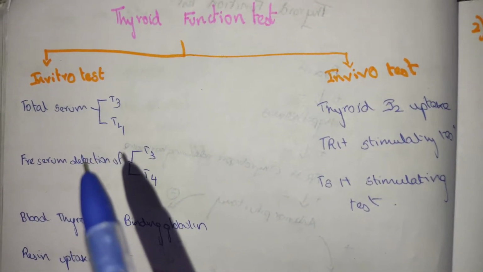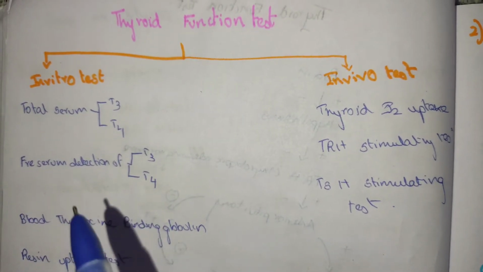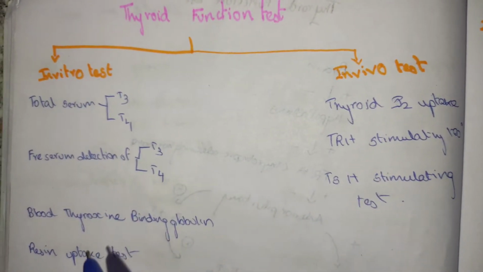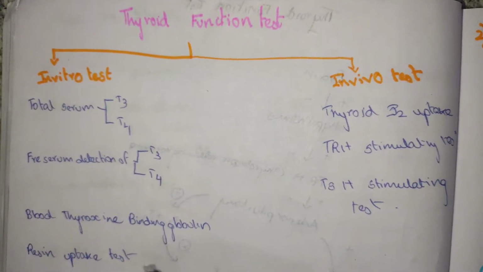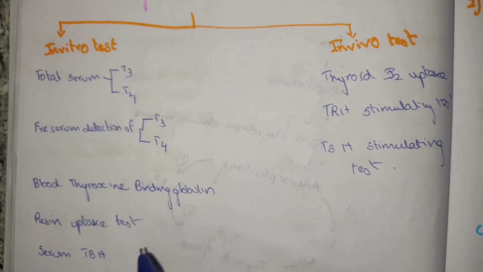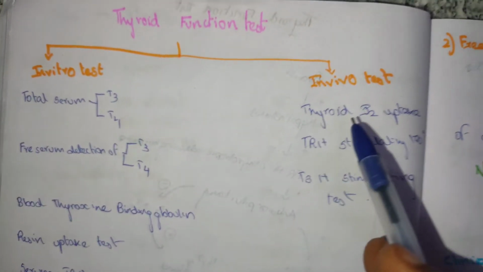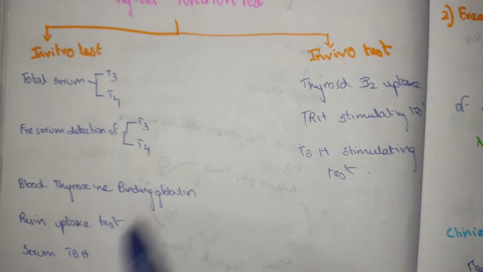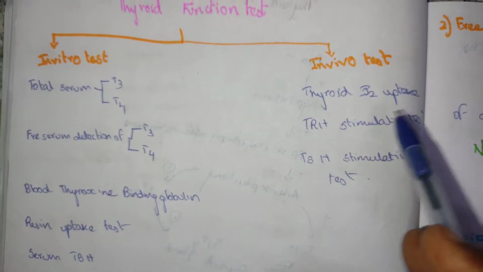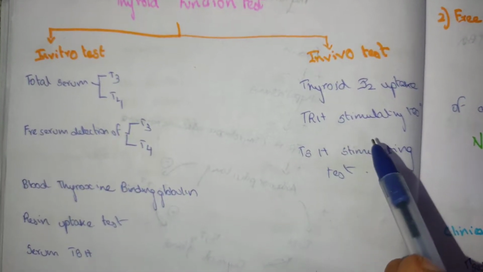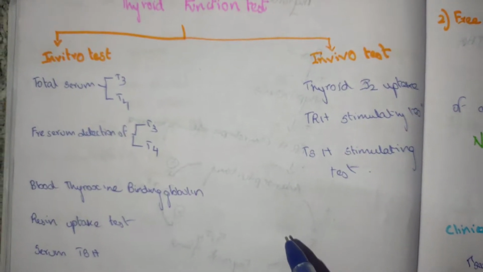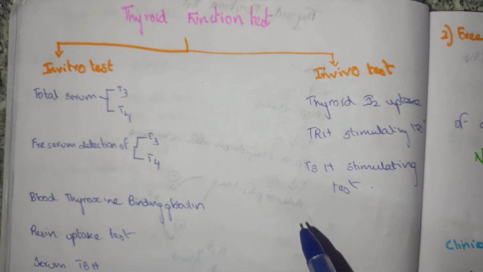In vitro tests are total serum detection of T3 and T4, free serum detection of T3 and T4, thyroxine binding globulin, resin uptake, as well as serum TSH, thyroid stimulating hormone level. The in vivo tests are thyroid iodine uptake, TRH stimulation test, and TSH, thyroid stimulating hormone, stimulation test. These are the thyroid function tests.